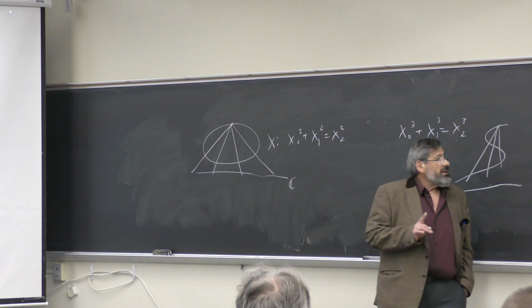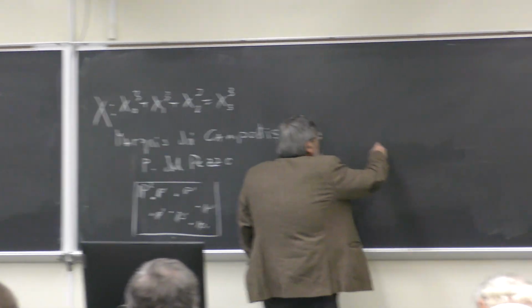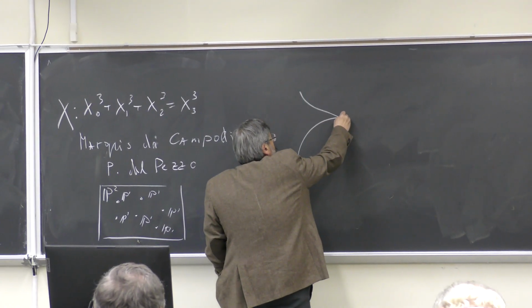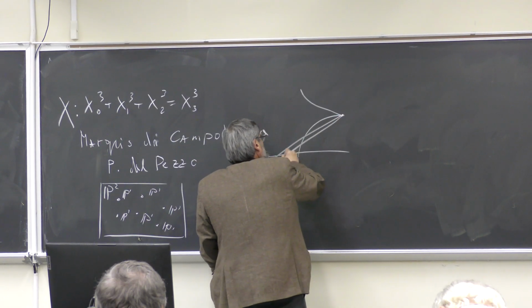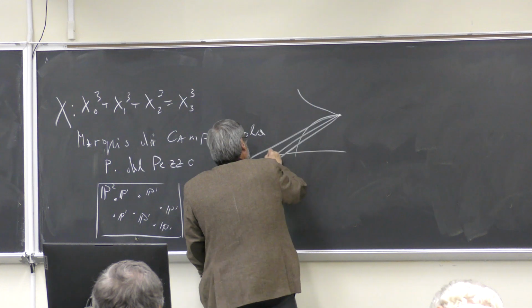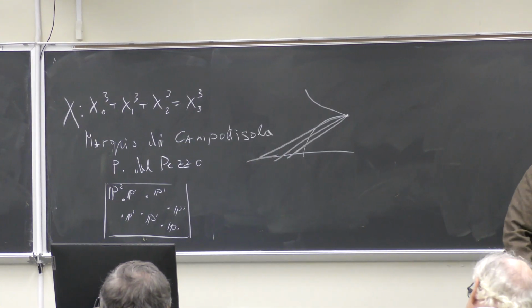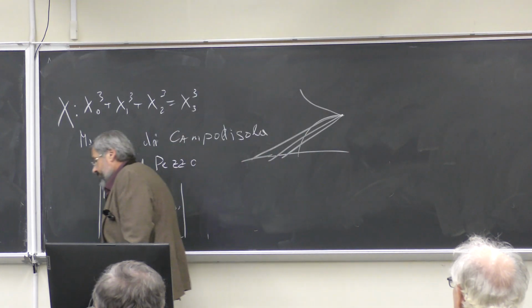But there is one other thing that I would like to demonstrate, and that is that if my cubic is singular, you definitely can produce a map from this cubic to the line. This is in the one-dimensional case, but it's true in any dimension.